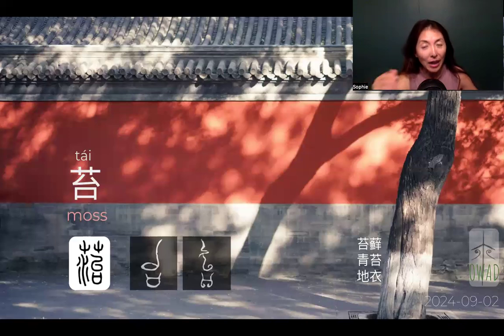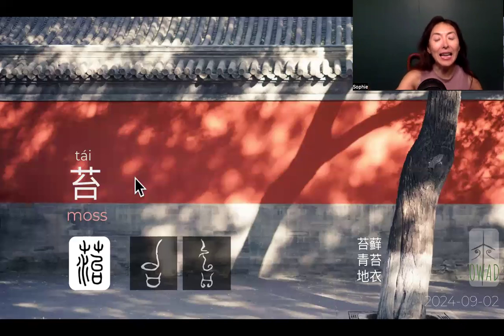So Chinese use clothing, or the wetsuit for the earth, as another kind of nickname for moss.